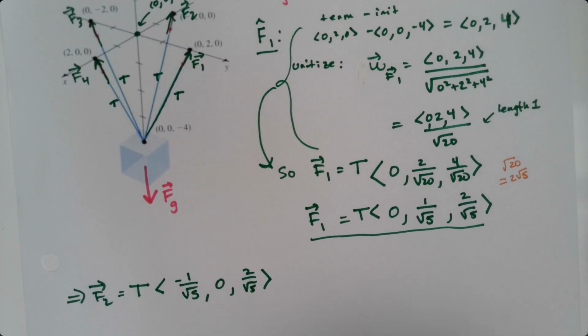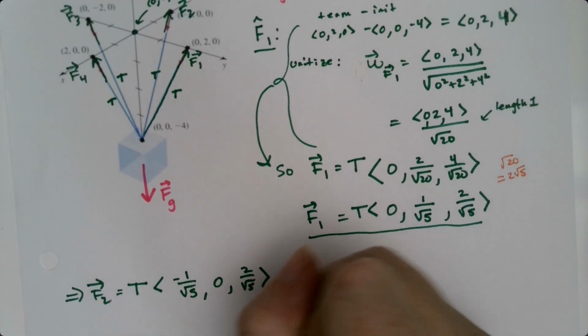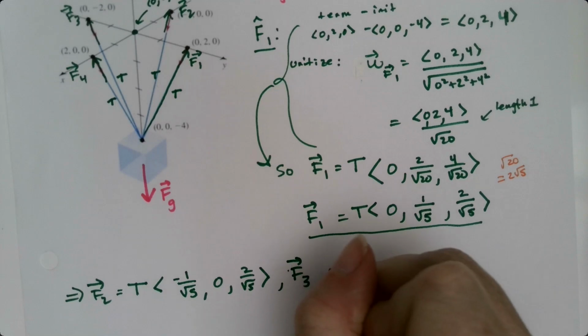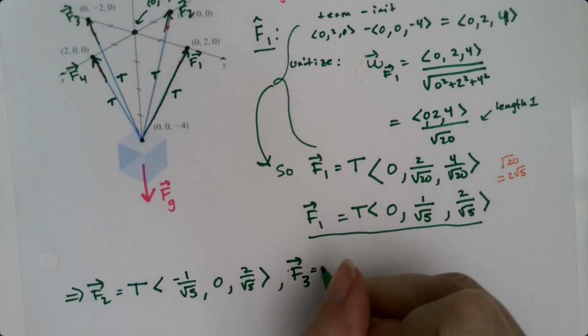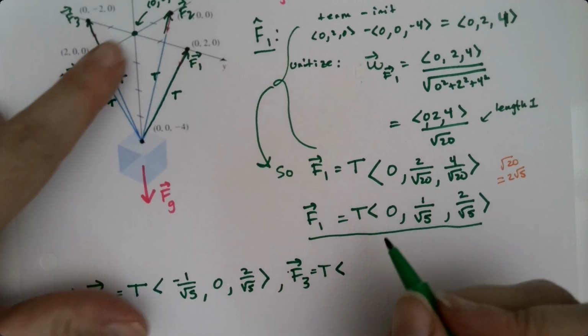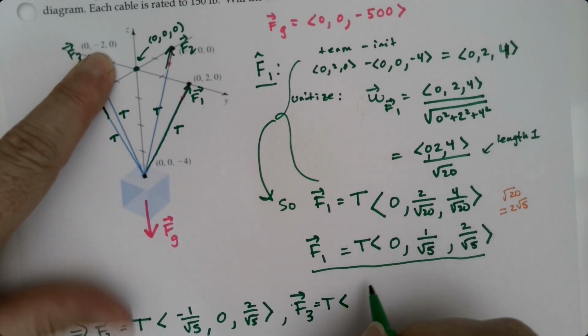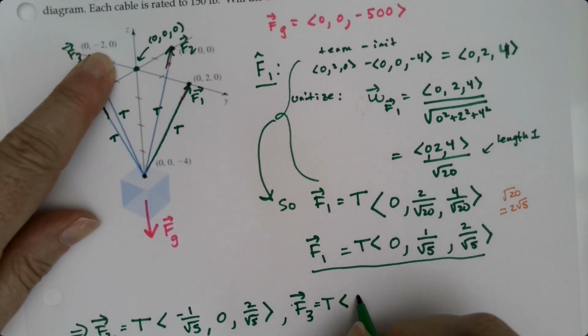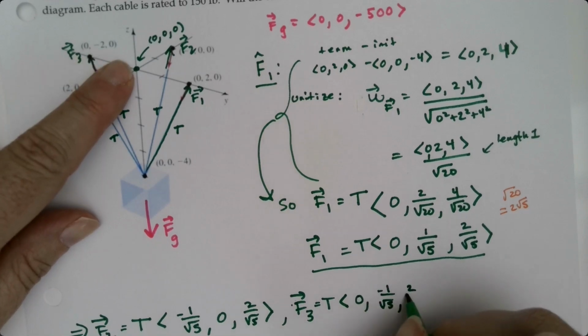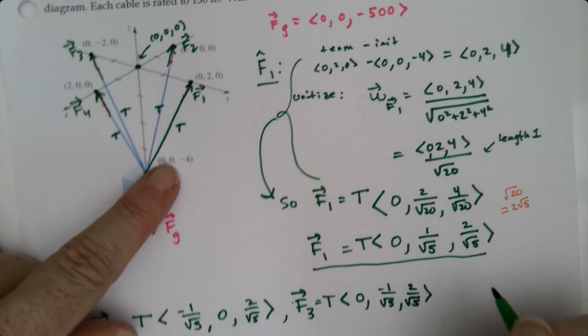So it'll be fine. And then force 3 would be t times, the 2 is in this position, so it'll be 0, negative 1 over the square root of 5, 2 over the square root of 5. Right, because the negative 4 is why that one happens.